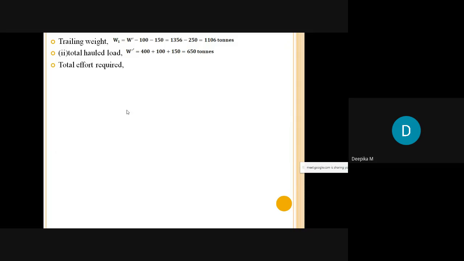Hence we have taken only the haul load, that is 400. Here we have not taken the trailing weight, because in the second case they have specified the maximum gradient if the trailing haul load remains unchanged, that is 400 tons, the previous train weight. That only we have to take. So please remember this, haul load is different and trailing weight is different.